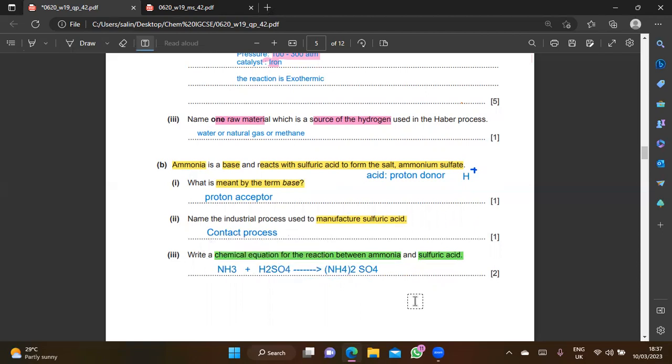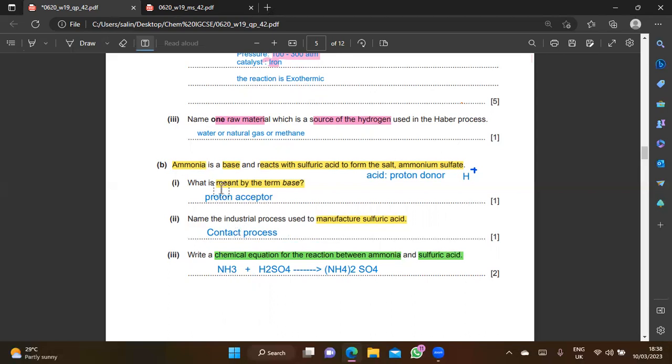Now you can see that your acid here is a proton donor, meaning it is providing your hydrogen. You see NH3. Where does the extra hydrogen come from? From the acid. From here, you can see the concept. Acid is a proton donor. So from the acid, you get the extra hydrogen for the ammonium. And then you can see that ammonia is actually a base, so it is accepting.